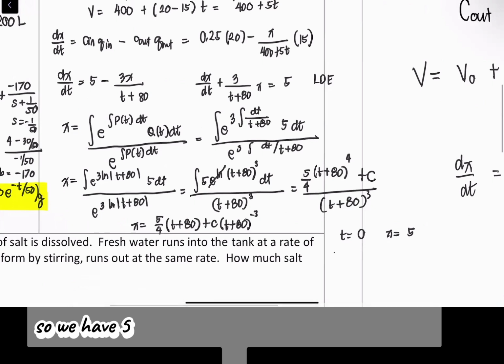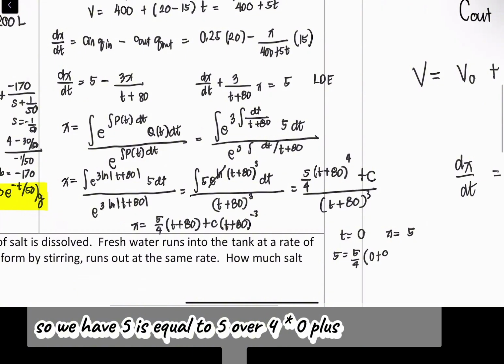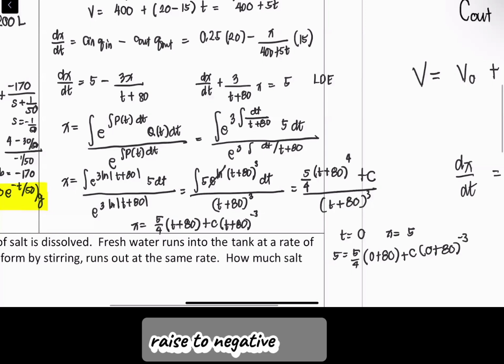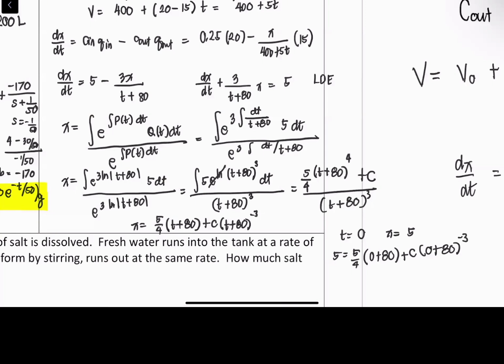So we have 5 is equal to 5 over 4 times (0 + 80) plus c times (0 + 80) raised to negative 3.